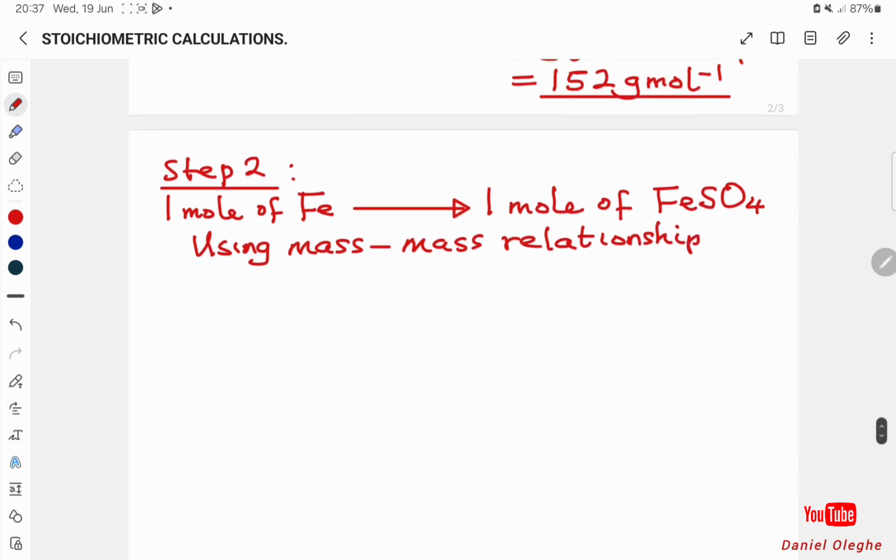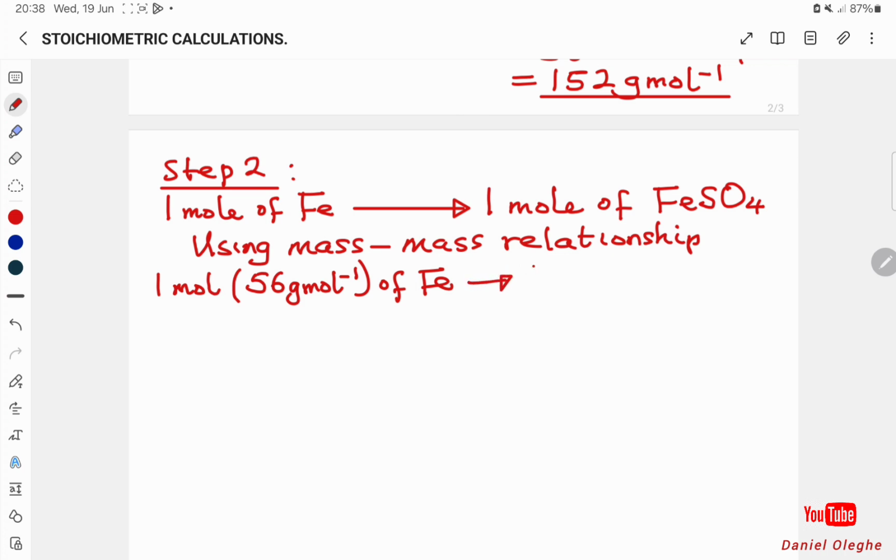So we are going to convert the mole of each to the mass in gram by multiplying the mole by the molar mass of the substance. This is going to give us the mass in gram of that substance reacting.